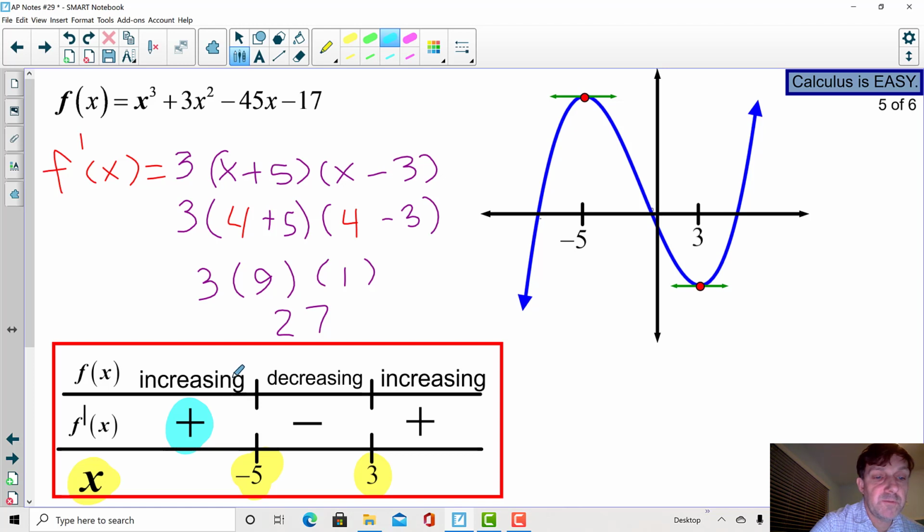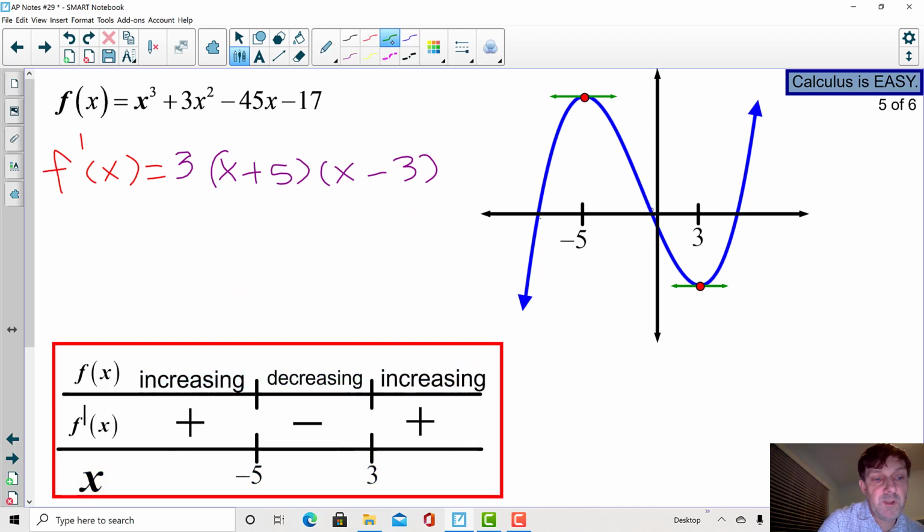And so that means our original function is going to be increasing when x is less than -5. Then I plugged in any x value inside here. I found out my derivative was negative, and that meant my original function would be decreasing on that interval. Then I plugged in any x value bigger than 3. I plugged it into my derivative and found out that my derivative was positive on that interval. So my original function would be increasing on that interval.